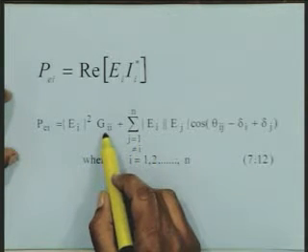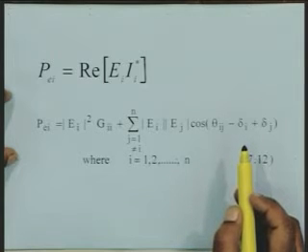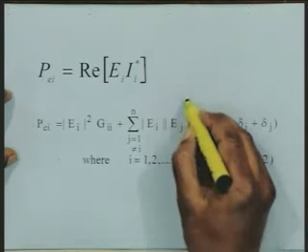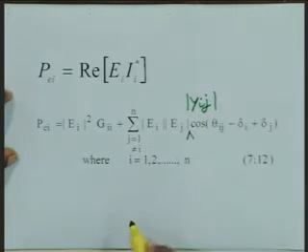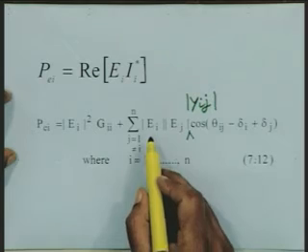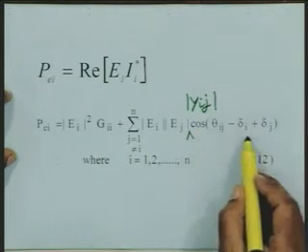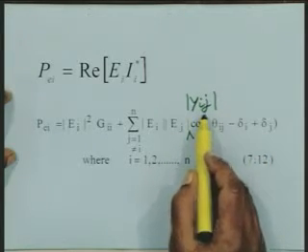These are the Gii. There is one term which is missing here, please correct it. It is Yij. There will be Ei, Ej, Yij also there, cosine of theta ij minus delta i plus delta j. Therefore, this Yij is also known to us.